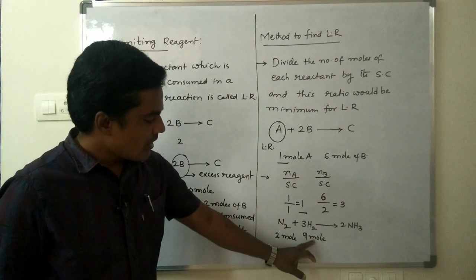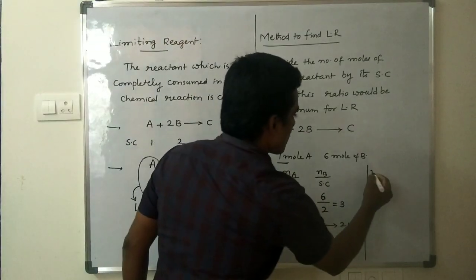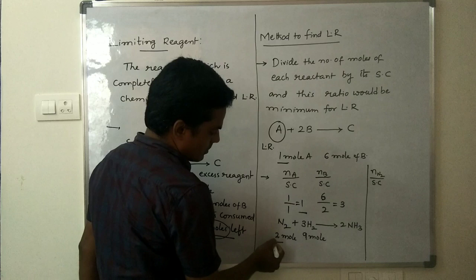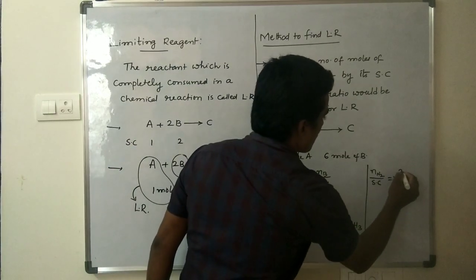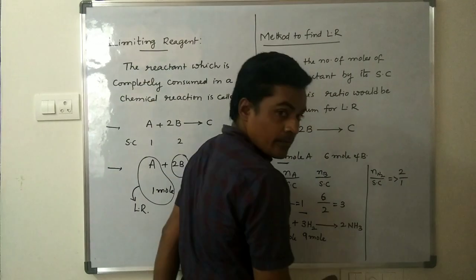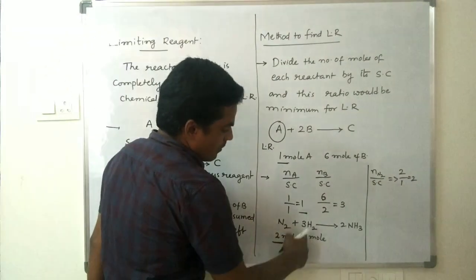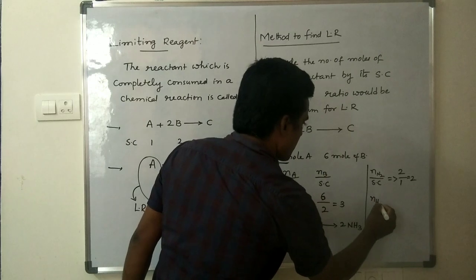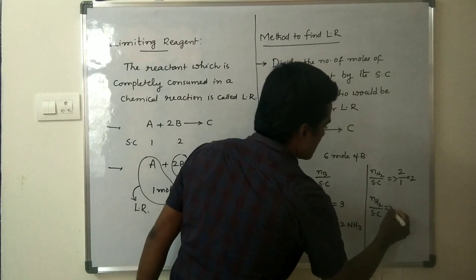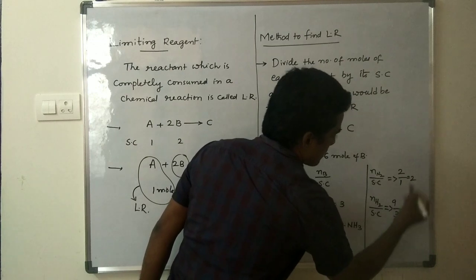Number of moles of hydrogen upon its stoichiometric coefficient: 9 moles upon 3 is equal to 3.